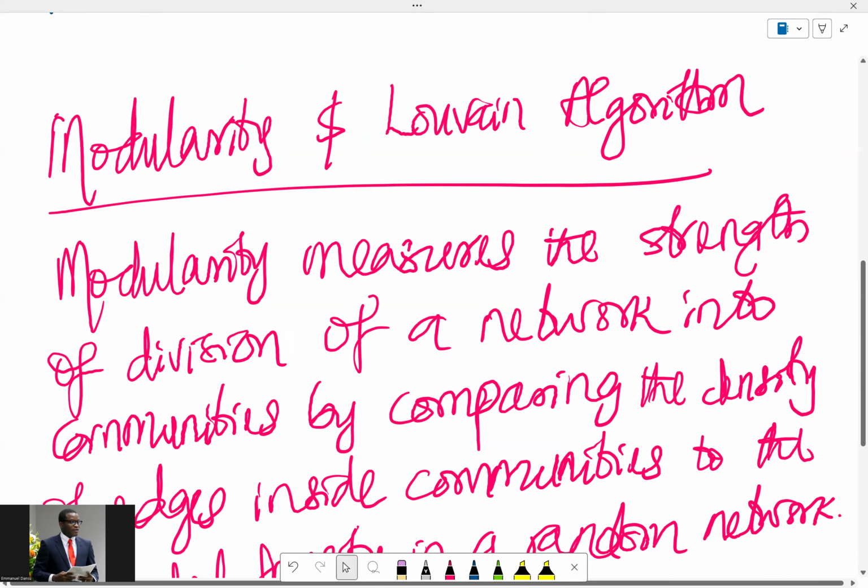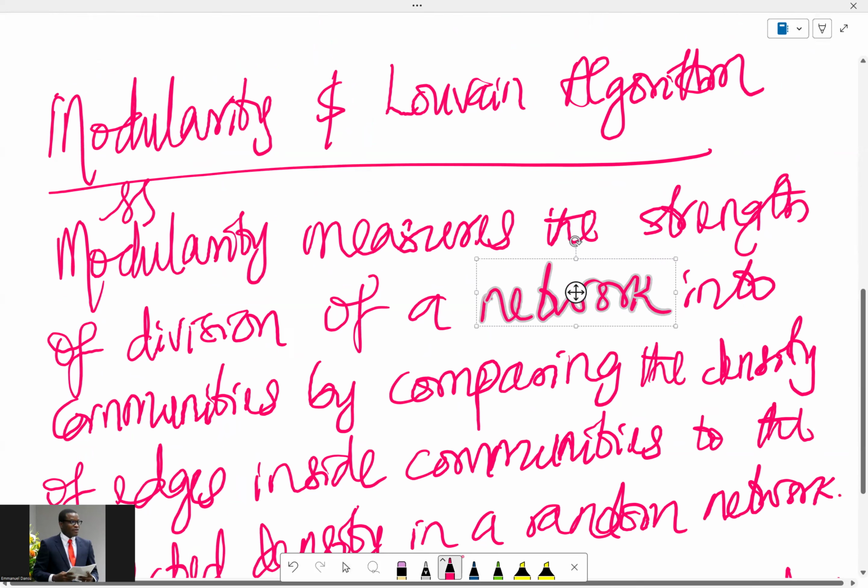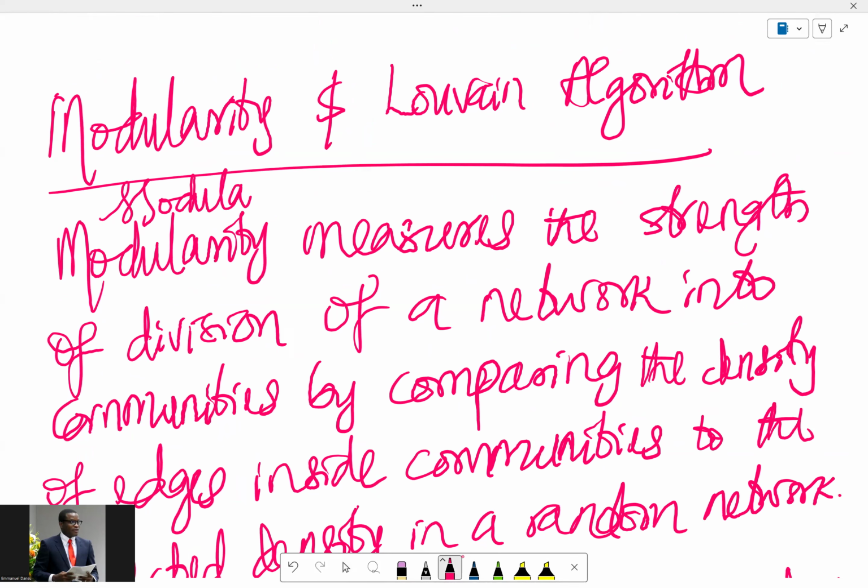And this is talking about the part of modularity. So how about the Louvain algorithm?